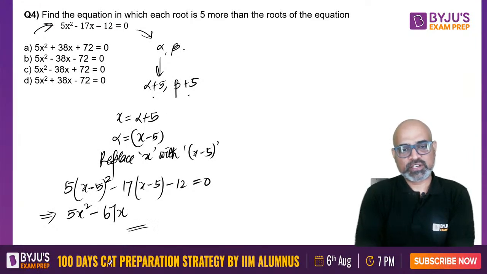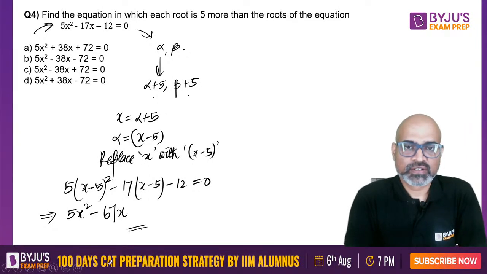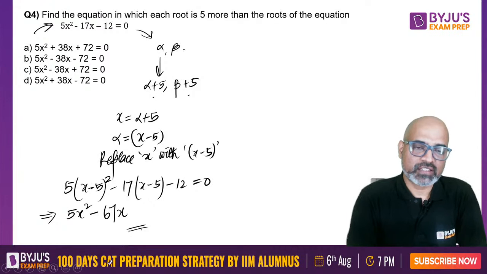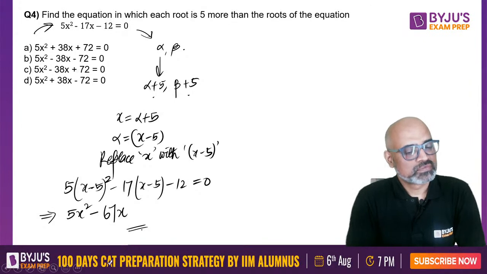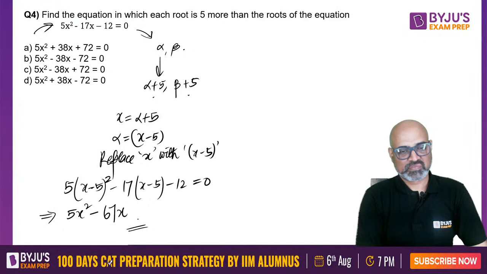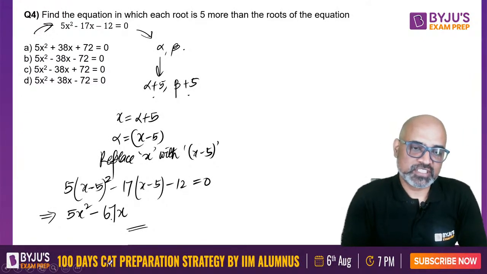Okay, why am I not getting the answer? What mistake did I do? Find the equation in which each root is 5 more than the roots of the equation. Why is it 38x? Why is it not 67?